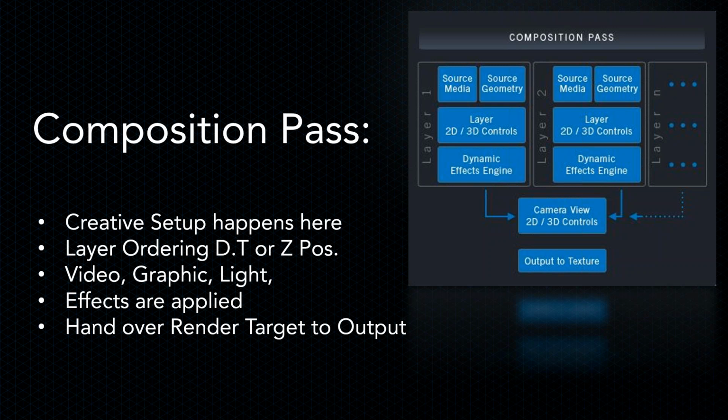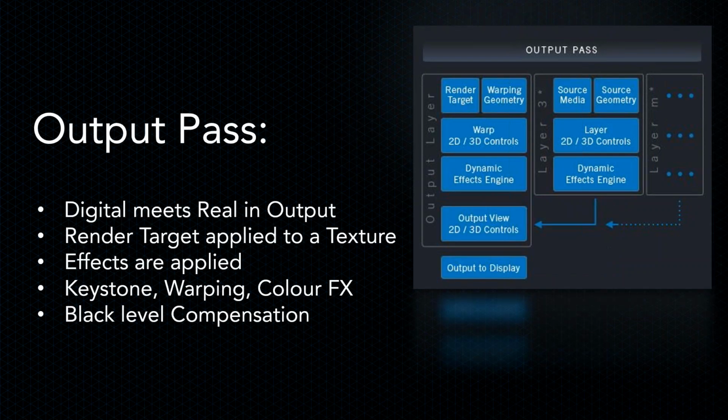And our output pass is also really helpful because it gives us a lot more flexibility in how we work with things inside of our 3D engine and our 3D environment. This is where our digital world meets our real world.